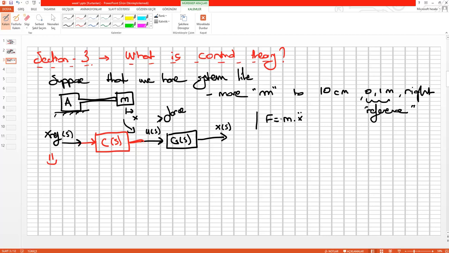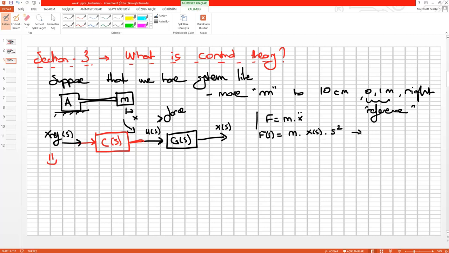Just remember that if we have the time-dependent signals here, which are f(t) and x(t), depending on time, we can easily write F(s) equal to m, which is a constant and remains the same, times X(s) times s square, right?